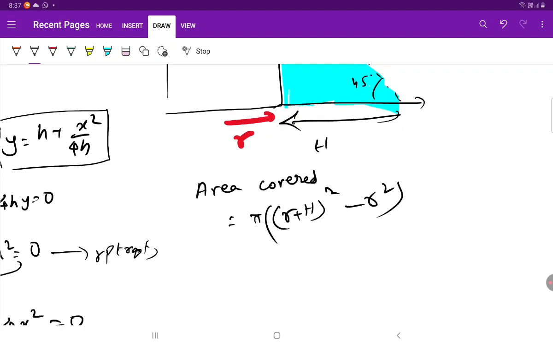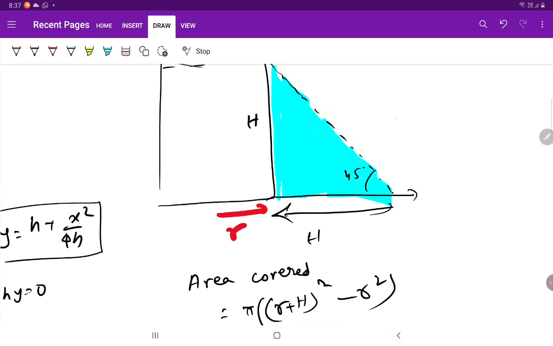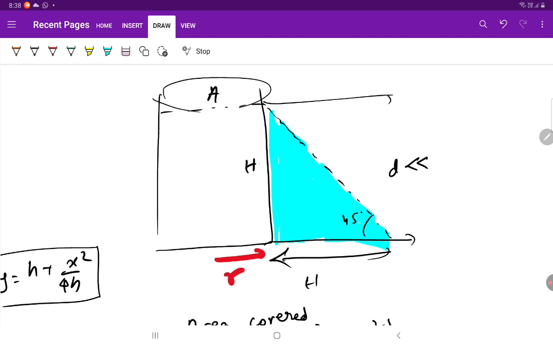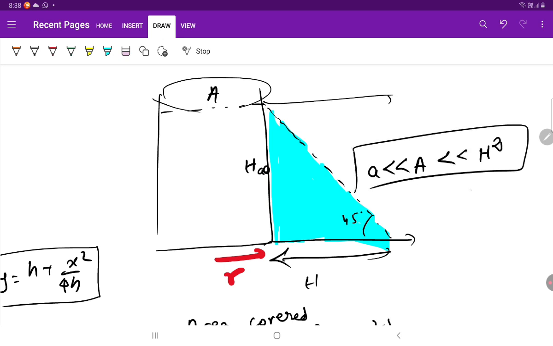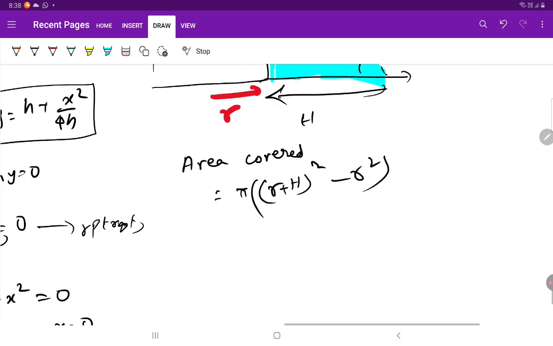If we consider that the vessel's cross section area is greater than the dimensions of the hole, suppose the hole dimension d is much less than small a, where small a is the hole area, and a is much less than capital A, much less than H square, something like this. Then for this approximation we can take this nearly to be pi H square.